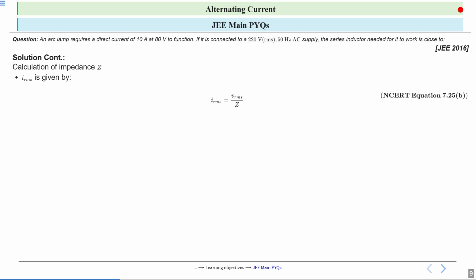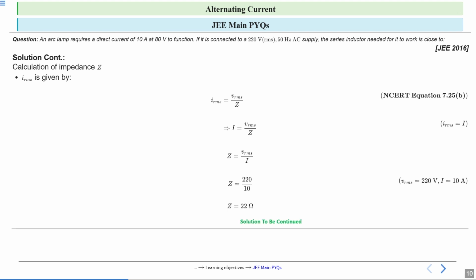So I_RMS should be equal to I. So I equal to V_RMS upon Z. So Z is equal to V_RMS upon I. What is V_RMS? 220, and I is 10 ampere. So Z will be equal to 22 ohm.